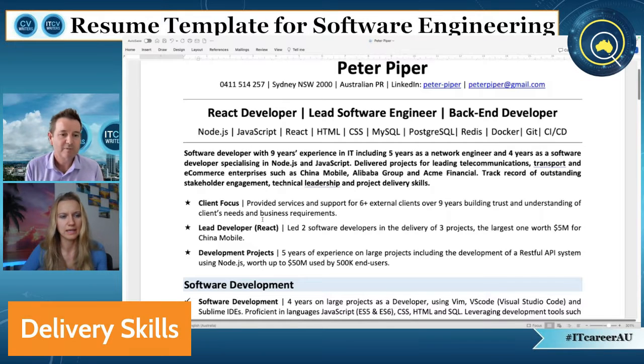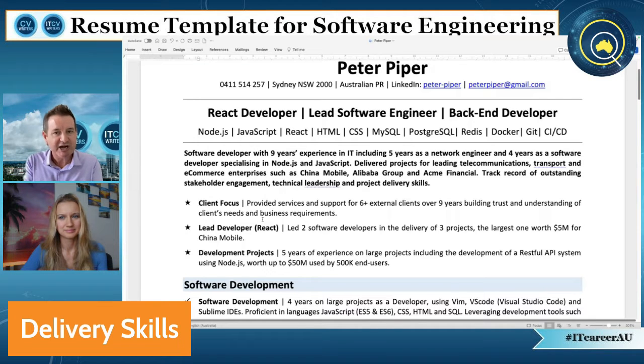Yep, definitely. And last but not least, the delivery skills. Last but not least, yeah. And look, some of the best software developers like to sit in a dark room with headphones on and just write code, and they don't really have good people skills. But if you've got people skills, soft skills, delivery skills, put them on your CV. For example, if you've worked with clients, maybe you've helped define a product roadmap.